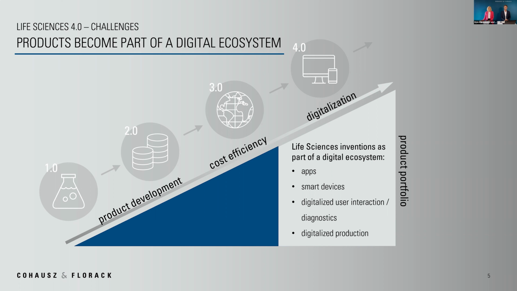And maybe just as a historic backdrop, you see here the 1.0, 2.0, 3.0, 4.0. That refers, of course, to the industrial stages. We don't need to go into the definitions, but I think it's clear to everyone that the times are over where you developed a single product, be it a consumer care or a nutritional product or a crop product or a pharmaceutical product, and this was it.